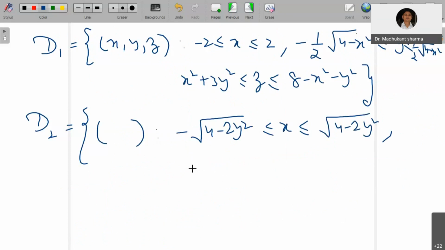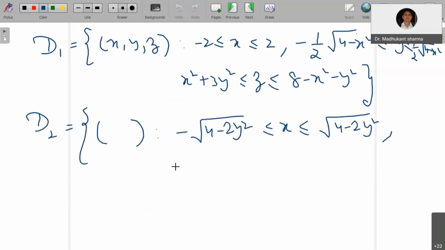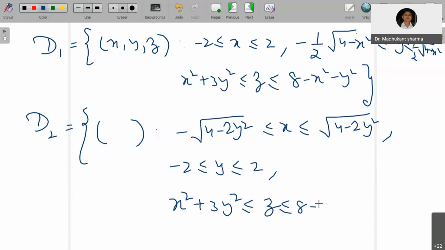The y limit is minus 2 to plus 2, minus 2 less than or equal to y less than or equal to plus 2. And the z limit is the same, x square plus 3y square less than or equal to z less than or equal to 8 minus x square minus y. So whichever way you set up the domain and integrate, you will get the same final answer.